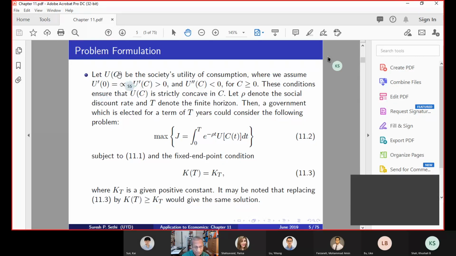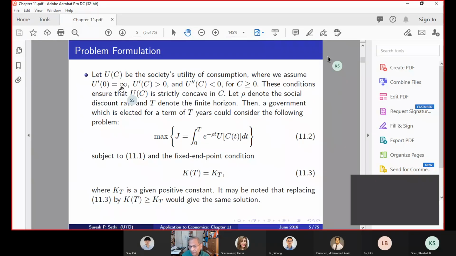But this assumption is important: u prime of 0 equals infinity. That means that at zero consumption, if you increase the consumption just a little bit, you get a huge amount of utility. That's what that means, which is true.